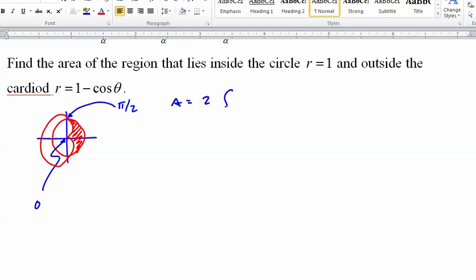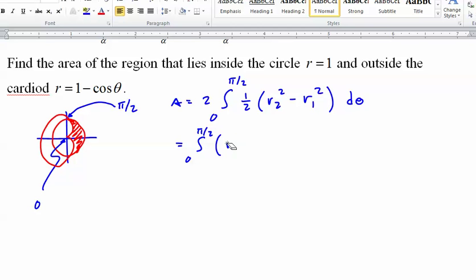2 times the integral from 0 to pi over 2 of 1/2 the outer circle minus the inner circle, which is, the 1/2 cancels, 1 squared, 1, minus 1 minus cosine of theta squared.